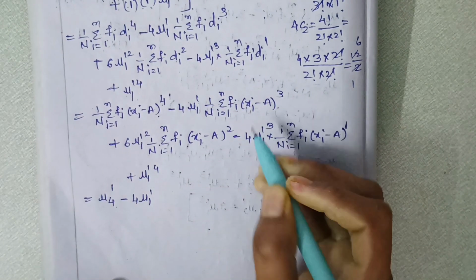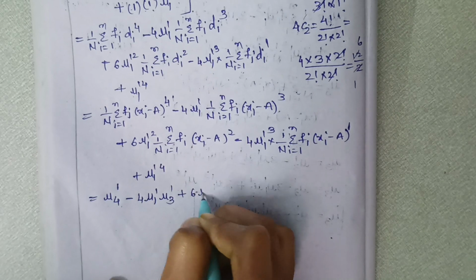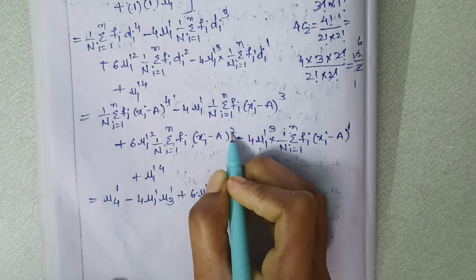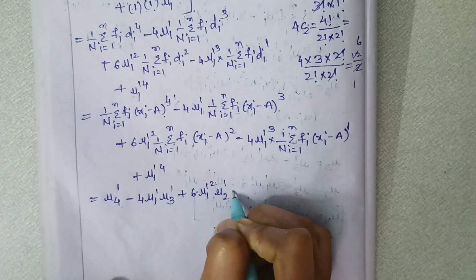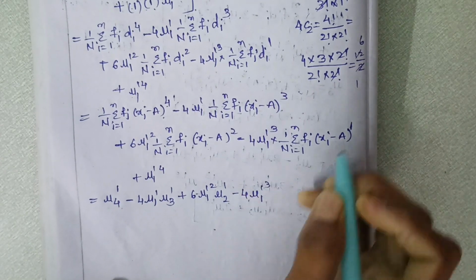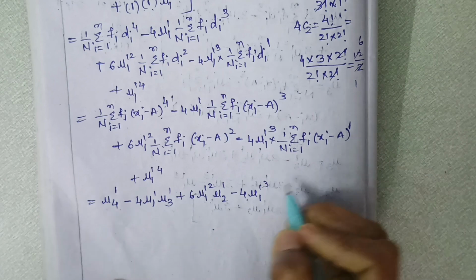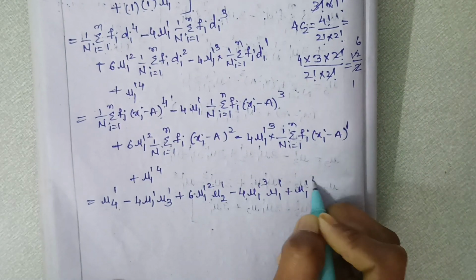Here it is 3, therefore μ3', plus 6 μ1'^2, here square, so it becomes μ2', minus 4 μ1'^3, and here it is 1, so it is μ1', plus μ1' whole to the power of 4.